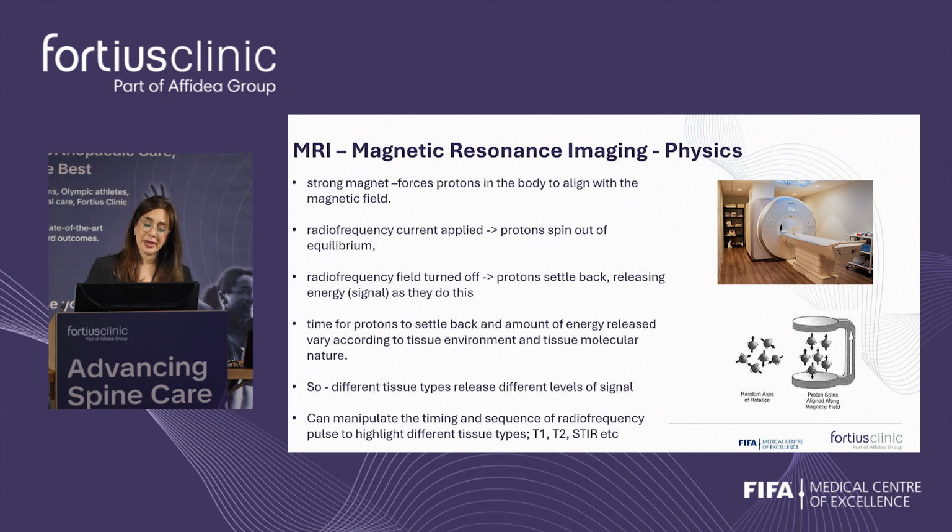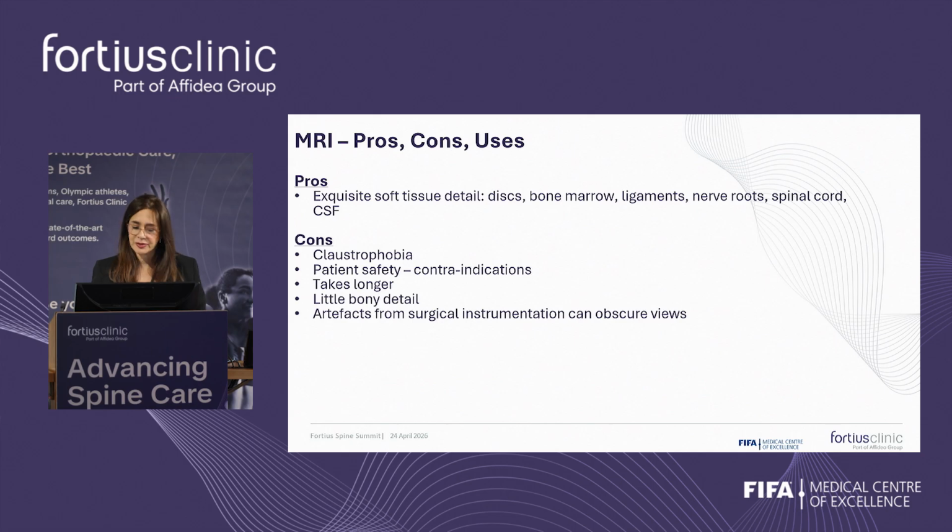We can then manipulate the timing and sequence of those radiofrequency pulses to create different sequences, what we call T1, T2, STIR. And it's a bit like bits of a puzzle. You have one bit of information here, another on that sequence, and we put all that information together to get a better pathological idea of what's going on.